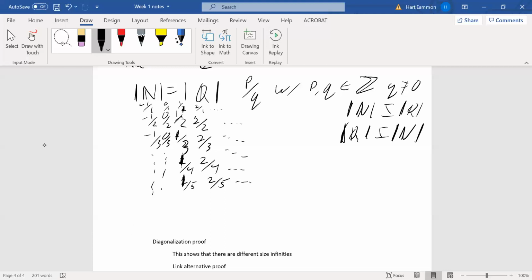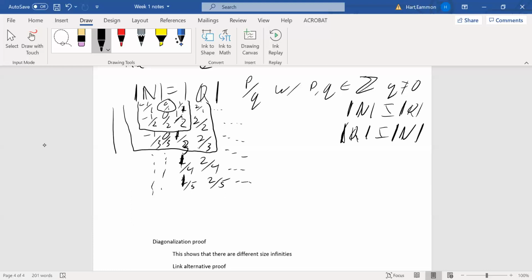So first things first, we're going to set 0 and assign it to this guy. And then we're going to go around in order. 1 goes here, 2 goes here, 3 goes here, 4 goes here, 5 goes here. And then we're going to continue wrapping around.